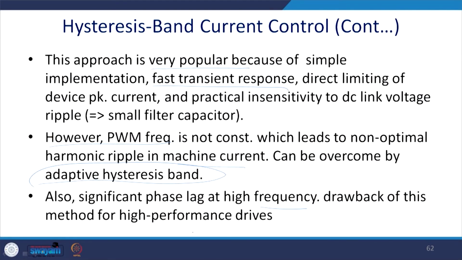Also, there is significant phase lag at the frequency, because you start with the lag and there is no lag compensator, because history will prevail, and thus you will have a steady state error. And the drawbacks of these methods are those of high frequency devices, and it leads to a time delay system also.